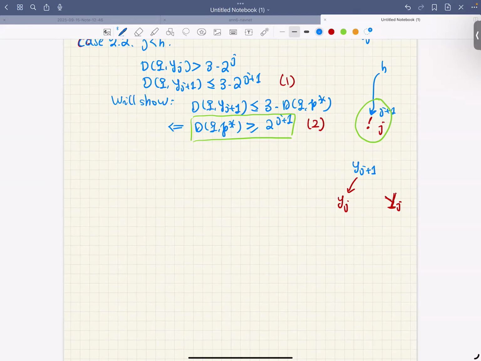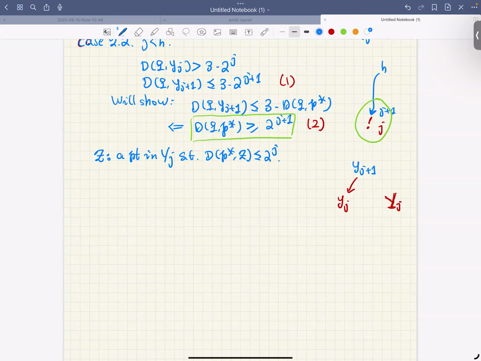So let's say z is a point in this net Y_j satisfying the condition that the distance between p star and z is bounded by 2 to the power of j.